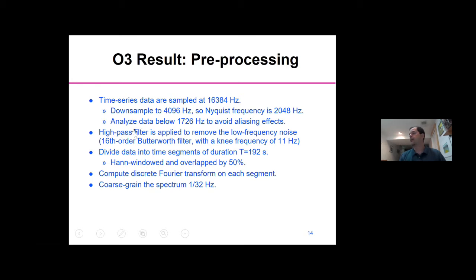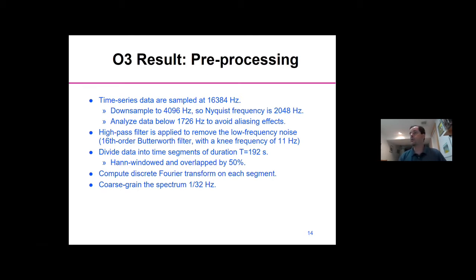Then we high-pass filter the data, and the reason for that is the low frequency part of the data is by far louder than the frequencies that we're interested in, starting at 20 hertz and above. If you remember the strain sensitivity curve of LIGO or Virgo detectors, it has a very sharply increasing noise floor at about 10 hertz or so due to the seismic noise and other things.